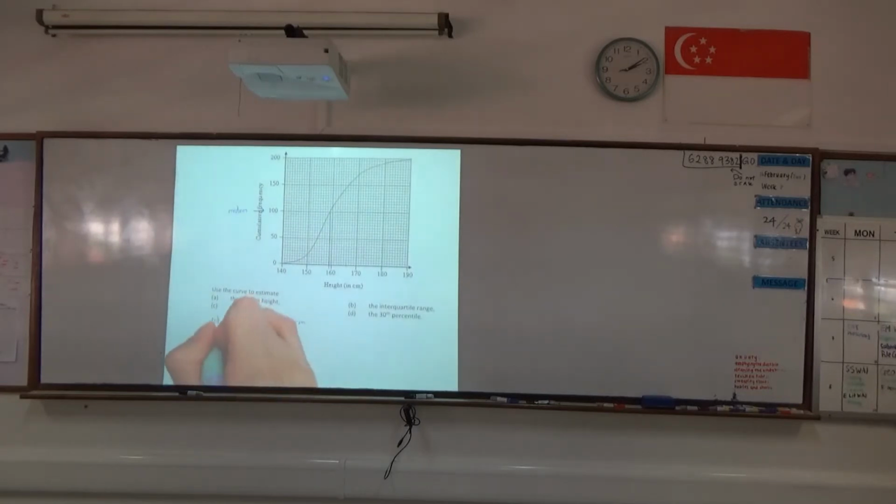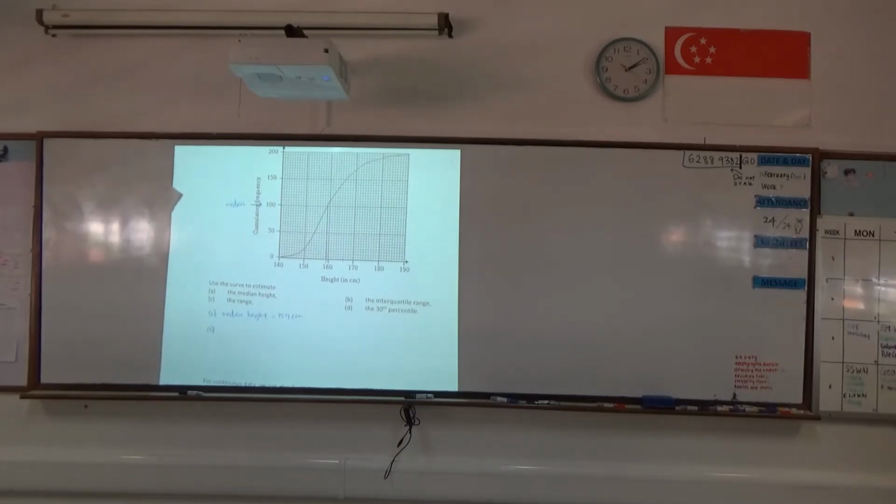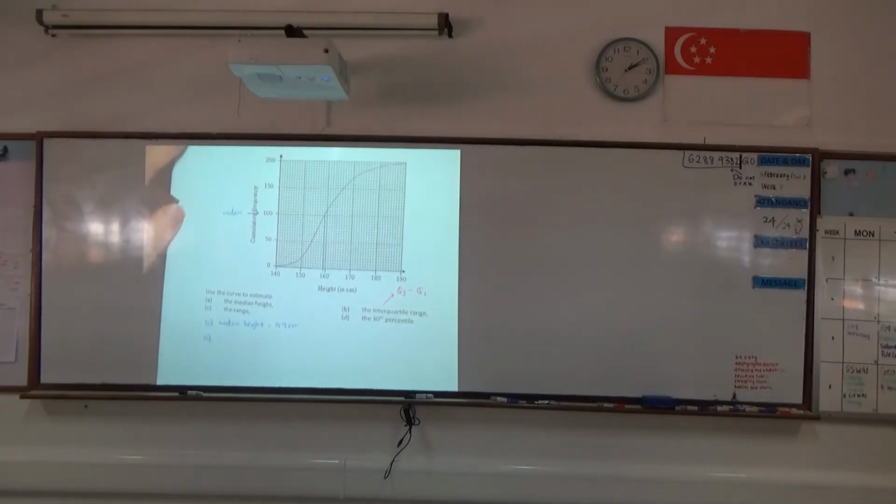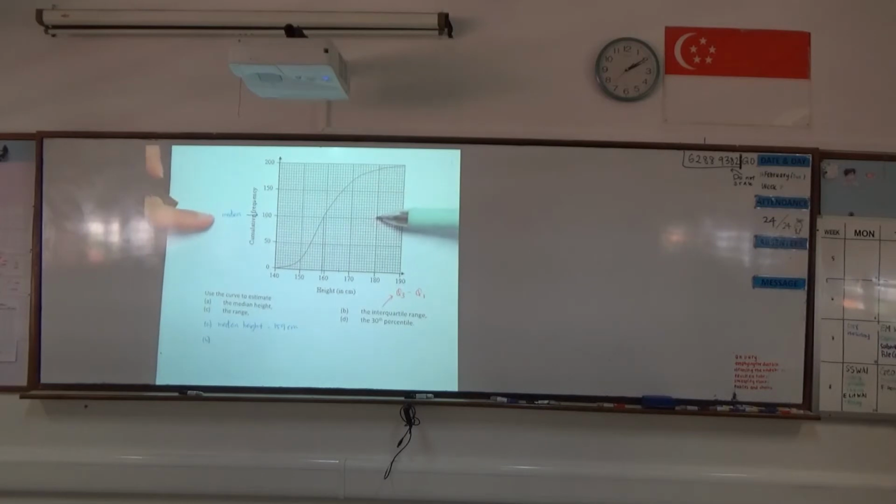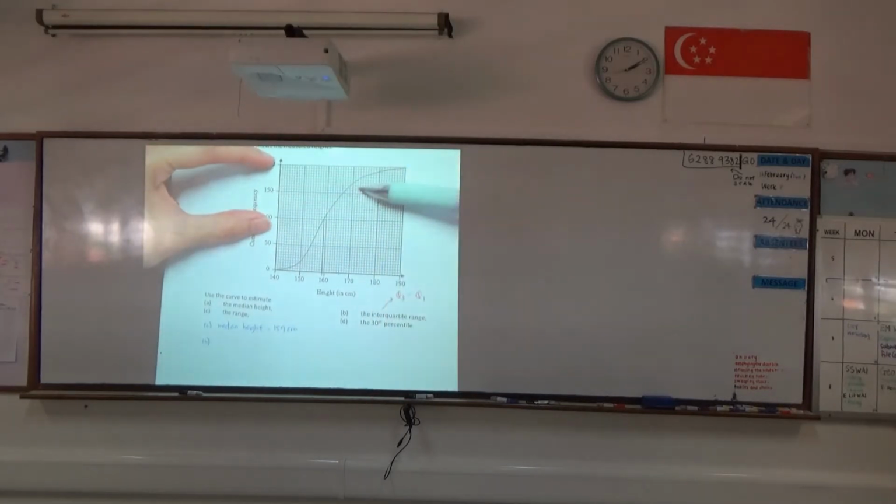Part B, I want to find interquartile range. Just to recap, interquartile range is the upper quartile, Q3, minus Q1. We first look for the upper quartile. When we recall how we do our upper quartile, we look at the median first. For the top half, we look at the center again.